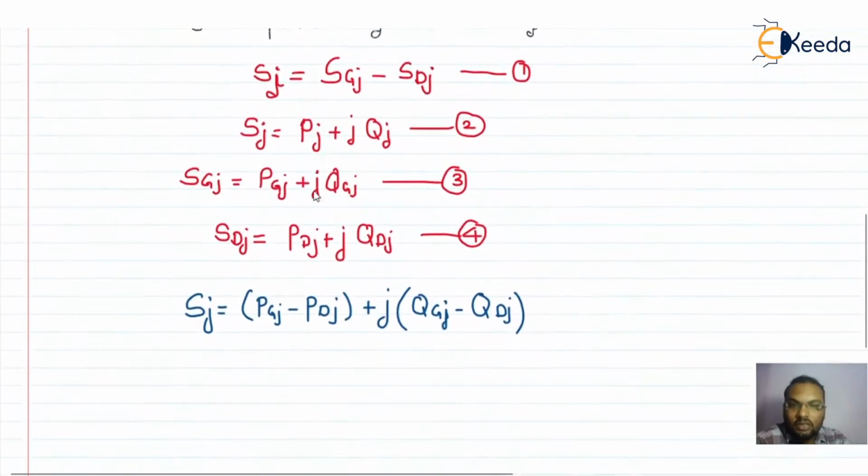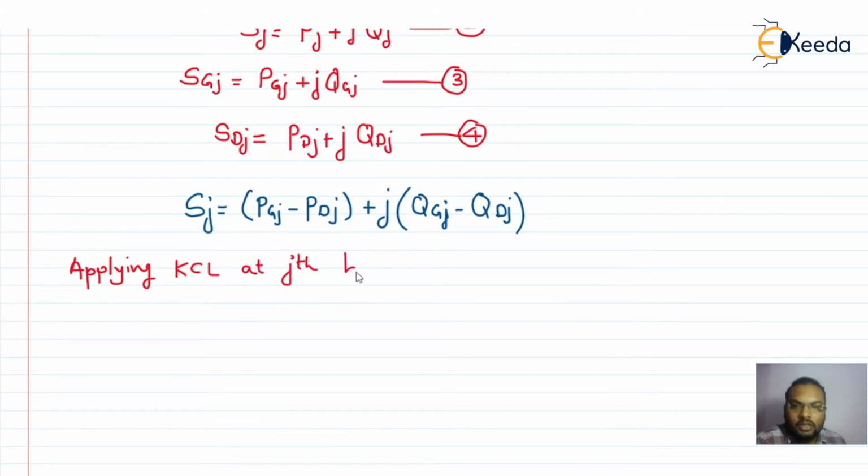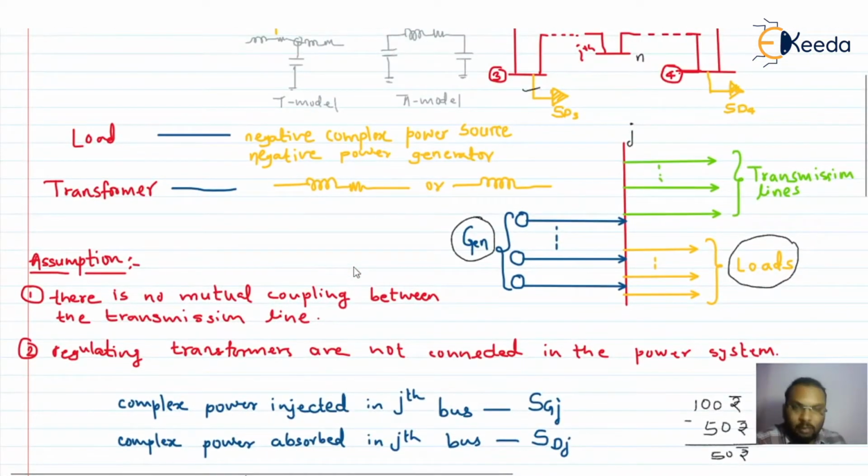If I consider these two assumptions and apply KCL at the jth bus, I need to know the currents which are entering this jth bus and the currents which are leaving this jth bus.